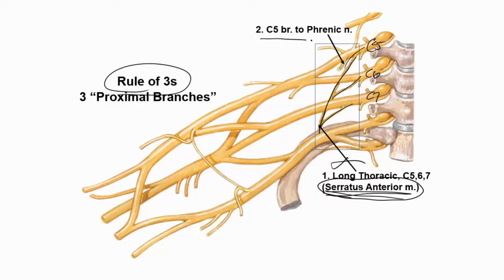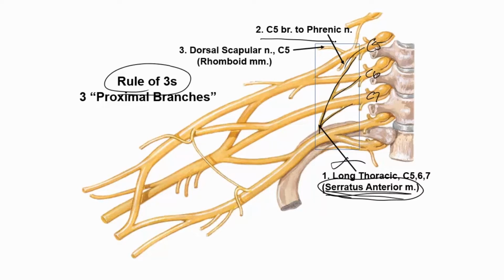The C5 branch to the phrenic nerve is also seen in this area of 3 branches. So the phrenic nerve contains fibers from C3 and C4 out of the cervical plexus, and then C5 from the brachial plexus. So C3, 4, and 5 keep the diaphragm alive. That's the phrenic nerve.